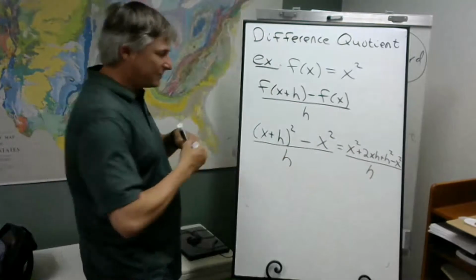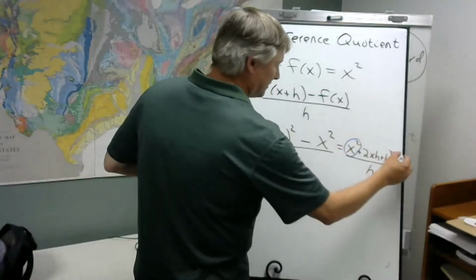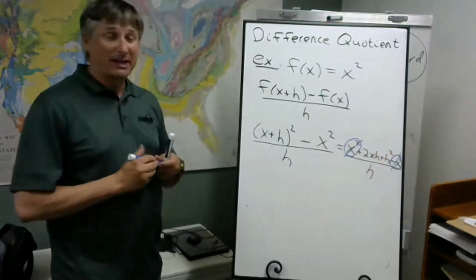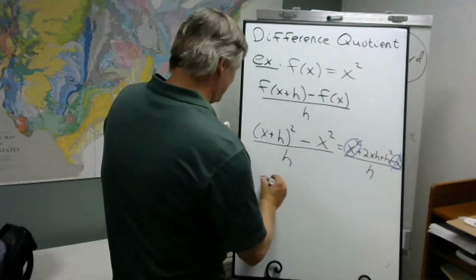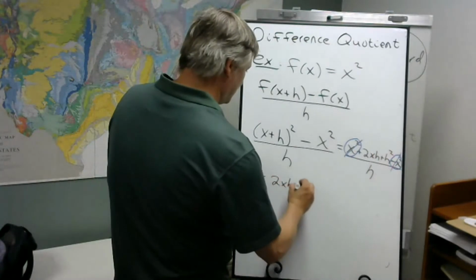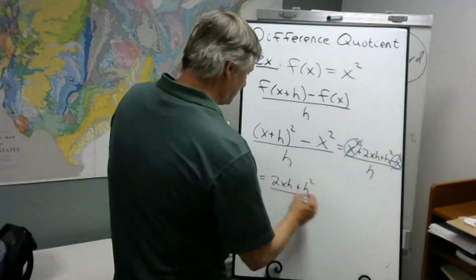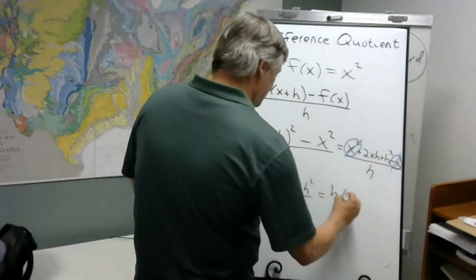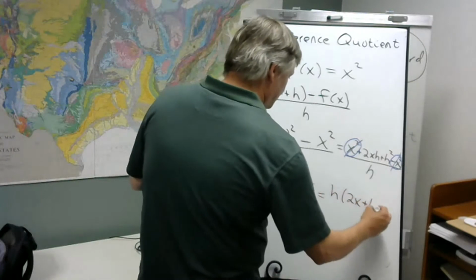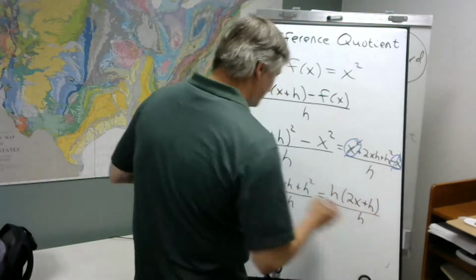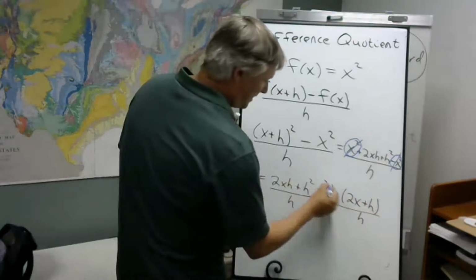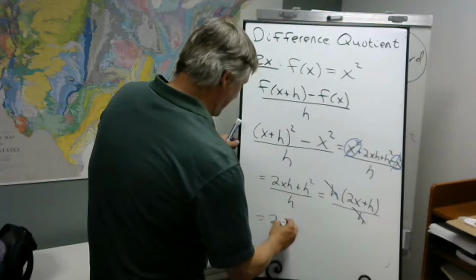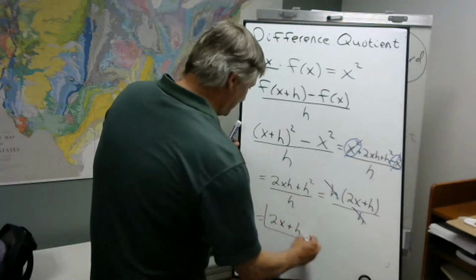And you can see that the x squareds, a positive and a negative one, are going to cancel. 2xh plus h squared over h. We can factor out the h. You get h times 2x plus h over h. The h's will cancel, and then you'll get 2x plus h. And that's your answer.